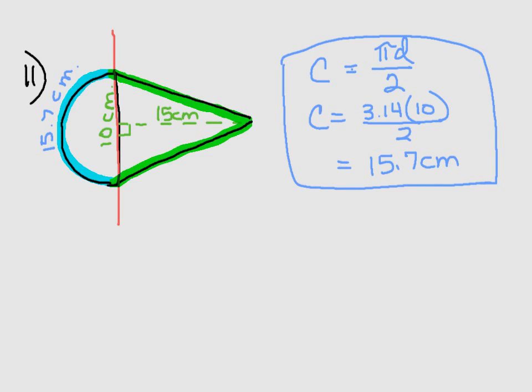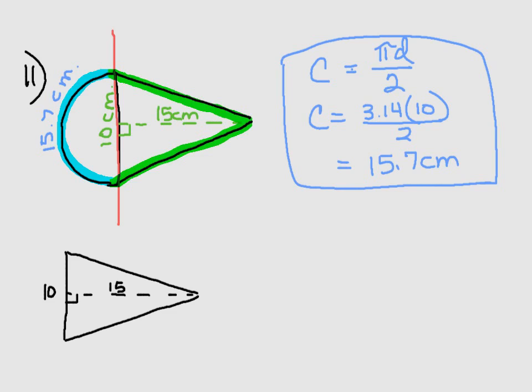How would we find the distance of the sides of that triangle? Let me redraw the triangle part here like this. We know that this here is 10, and this is 15.